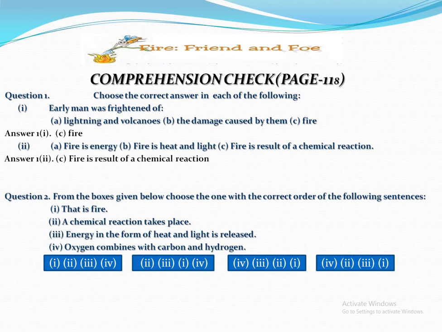Dear children, we have to correct the order of these sentences. The correct order is first comes fourth one, that is oxygen combines with carbon and hydrogen. Thereafter, a chemical reaction takes place. Then energy in the form of heat and light is released, and at last that is fire. So this is the correct order of sentences.